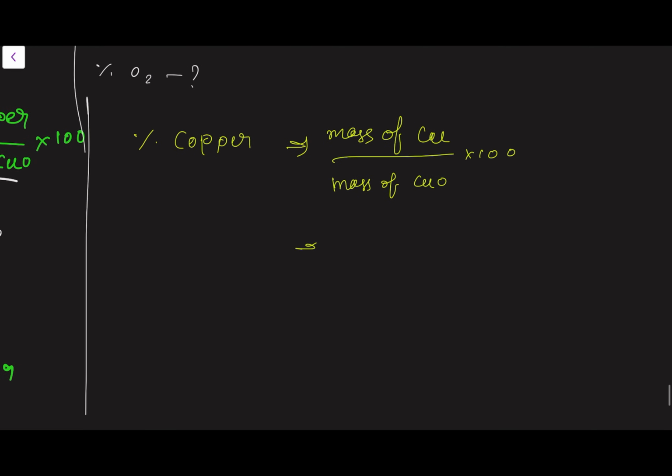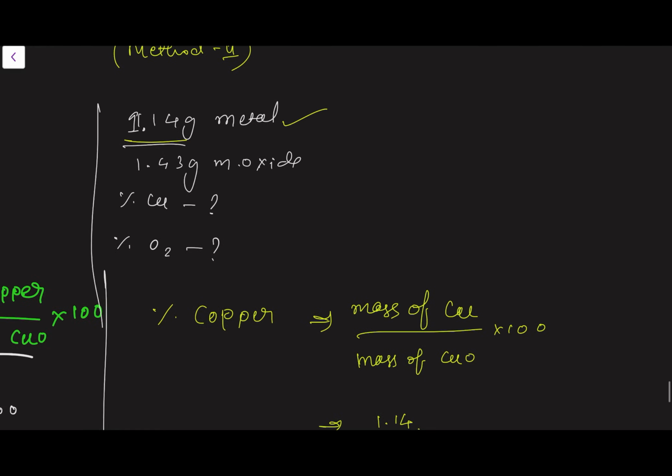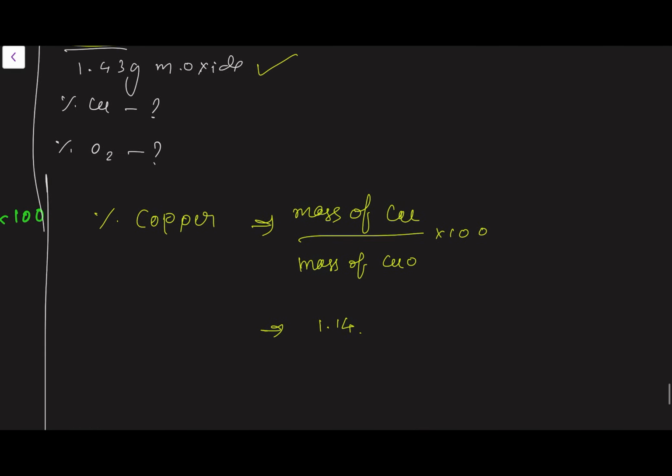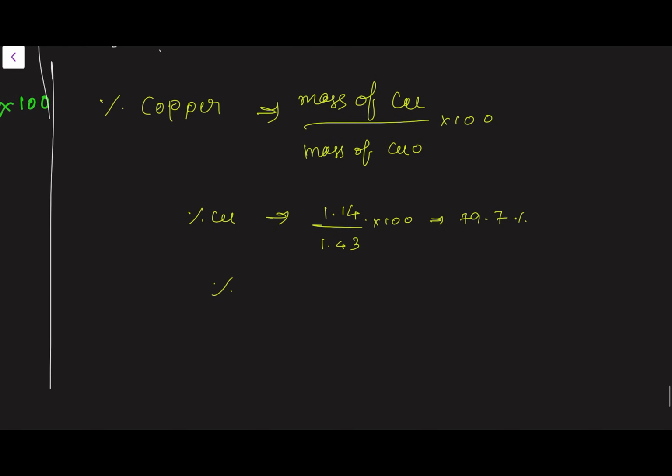Mass of copper given is 1.14, and copper oxide is 1.43. So here we get 79.7. The percentage of copper I got is 79.7 percent.